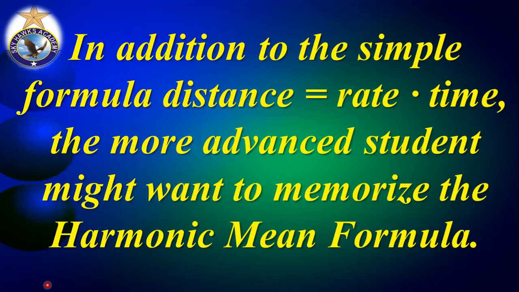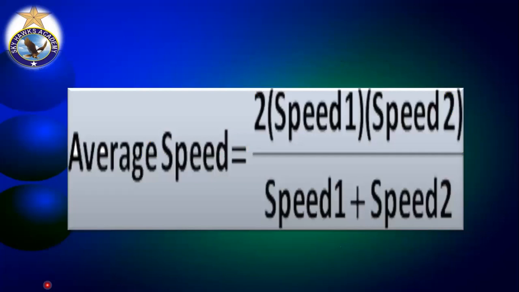The more advanced student might want to memorize the harmonic mean formula. Now let's see what that is. This is the harmonic mean formula: average speed is equal to 2 times speed 1 multiplied by speed 2, over speed 1 plus speed 2.